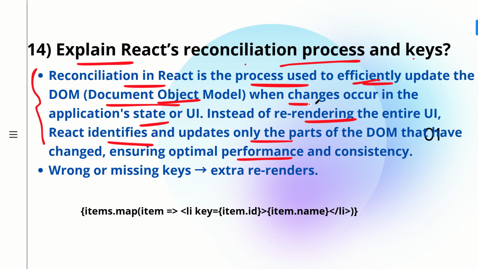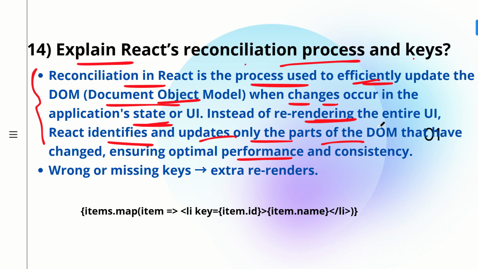And when are we doing changes? When changes occur in application state or UI. So if the changes are occurring in application state or UI, we are efficiently trying to manage and then we will update the DOM. And instead of re-rendering the entire UI, React identifies and updates only parts of the DOM. So we are not doing all the changes again and again in the real DOM because it is costlier to do the re-rendering.